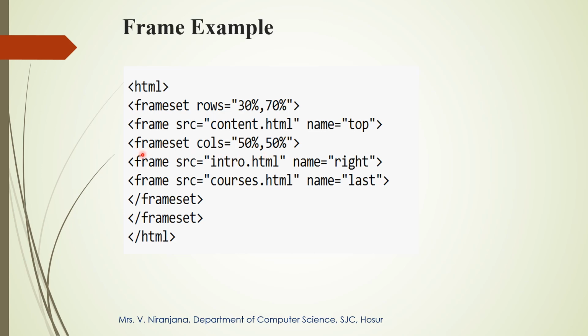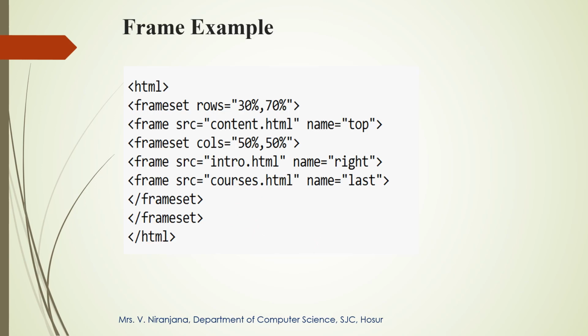So you can see we can use again a frameset of two columns of equal size, 50-50%. Now in these two columns, you have to include the data. So for the left column, we are including info.html page, and for the right column, we are including courses.html page, and we have to close the frameset.